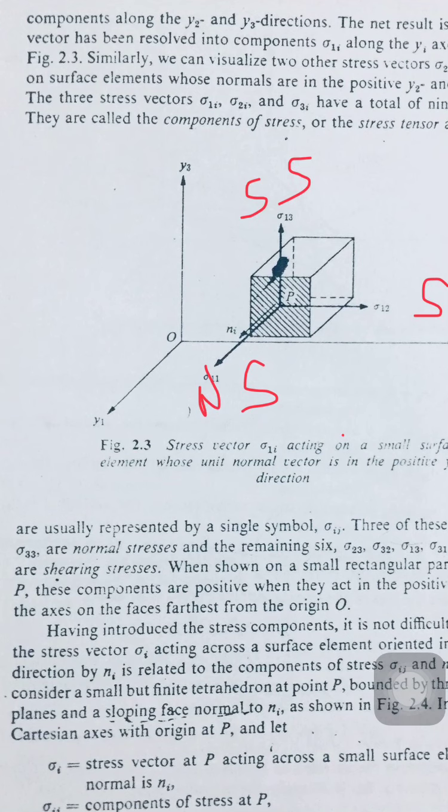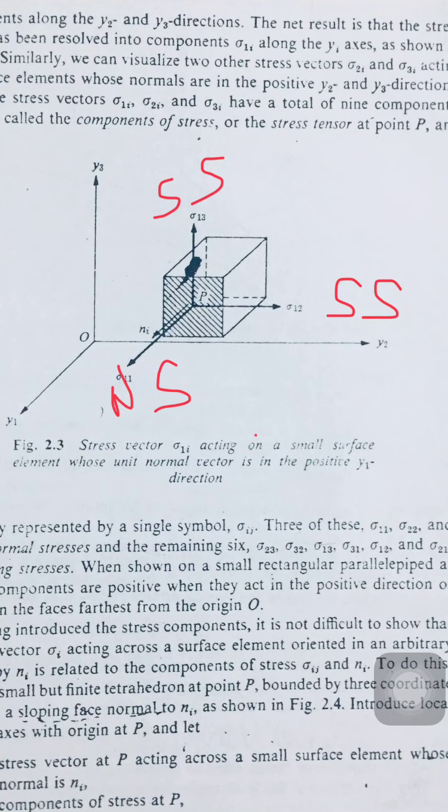So the total components of sigma ij, when i and j vary from 1 to 3, give 9 components: sigma 11, sigma 12, sigma 13, sigma 21, 22 and 23, sigma 31, sigma 32, and 33. These 9 components are called the components of stress, or the stress tensor, because they have two indices i and j at a point P.